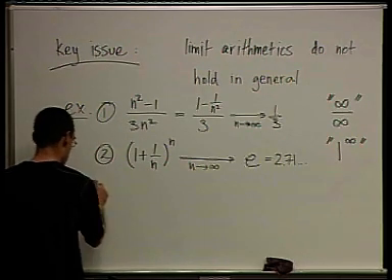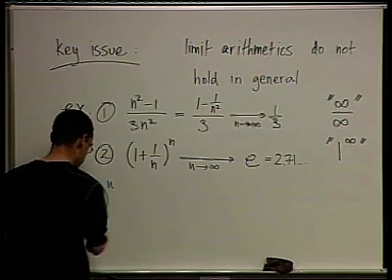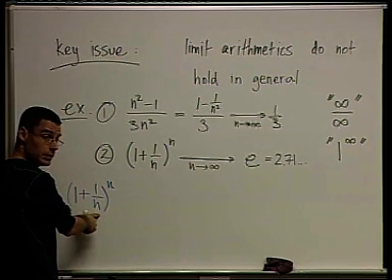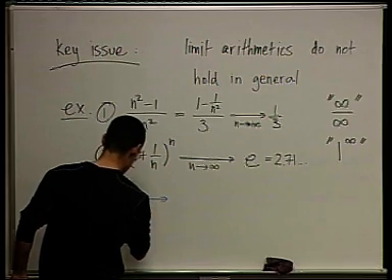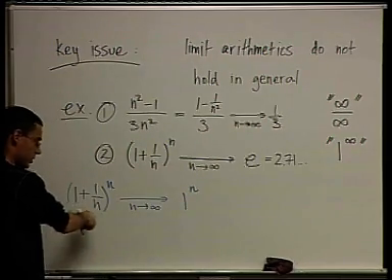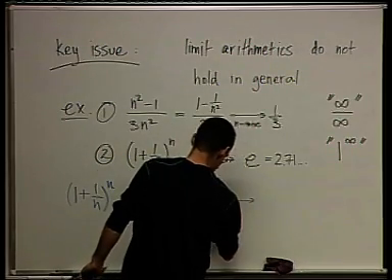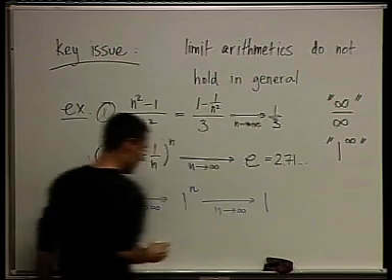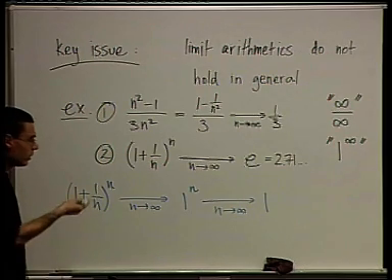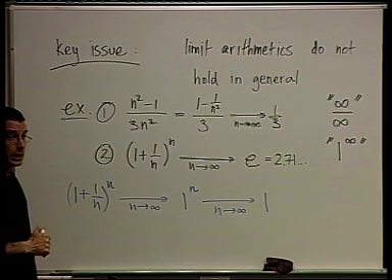And maybe this is a good point to remark, to show how you can get things very, very wrong if you go to the limit in steps. So I can say, okay, 1 over n goes to 0, right? So as n goes to infinity, this goes to 1 to the power n, because this goes to 1. And then 1 to any power is just 1, so as n goes to infinity, this goes to 1. And I've seen many people write this, and maybe you're looking at it and thinking, hey, that makes sense. It's wrong.